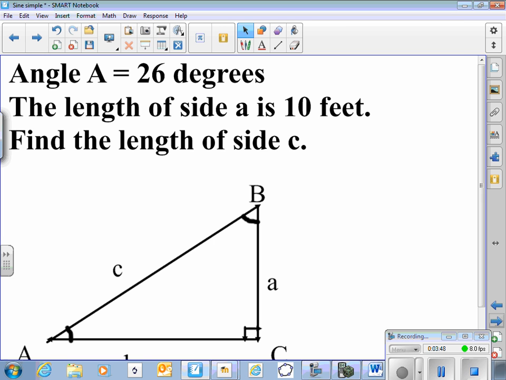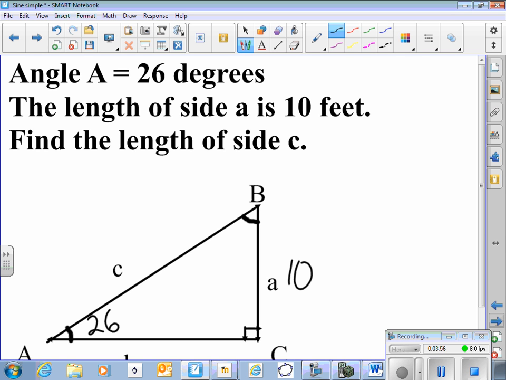Let's change things around. 26 degrees for angle A. A is 10 feet. Can we find the length of C? Well, we know that the sine of 26 degrees is equal to the length of the side opposite divided by the length of the hypotenuse. Now, there's only one thing that we don't know, but it's in the denominator.